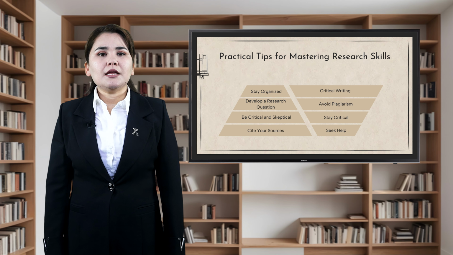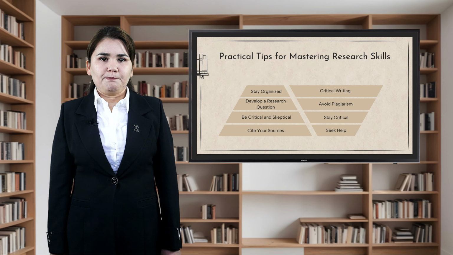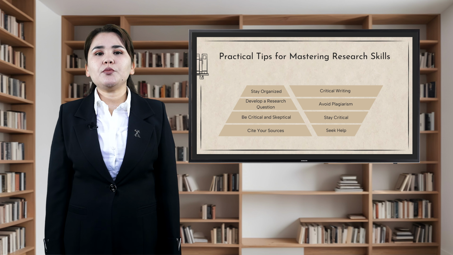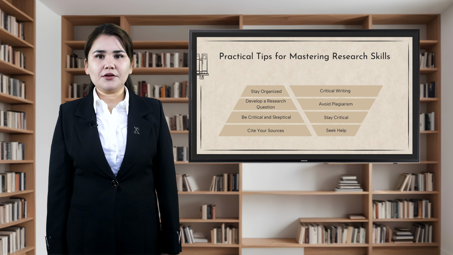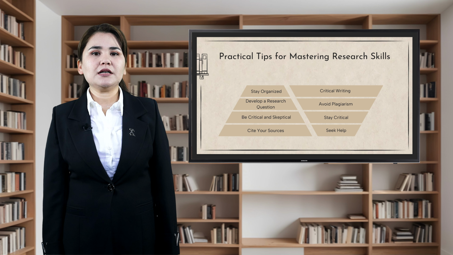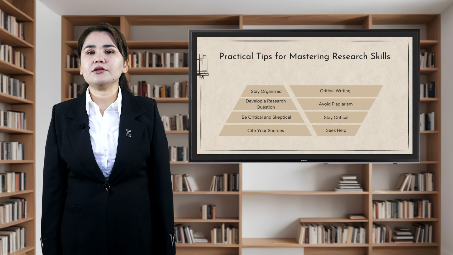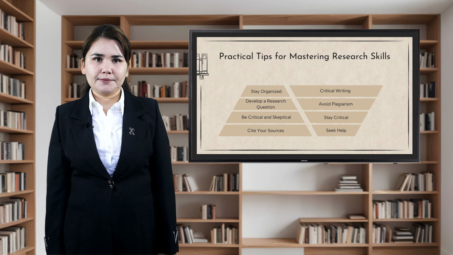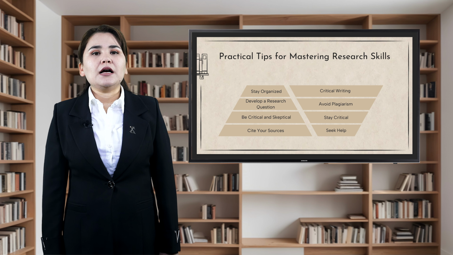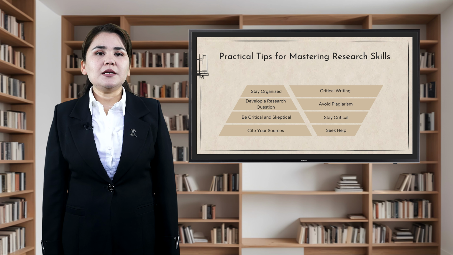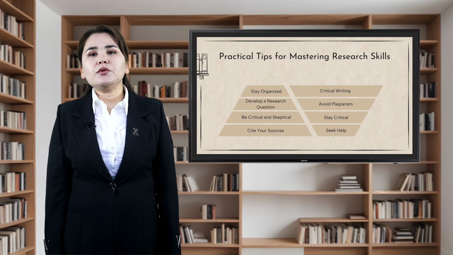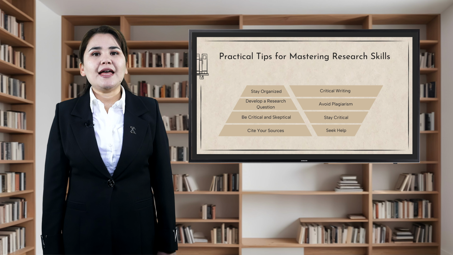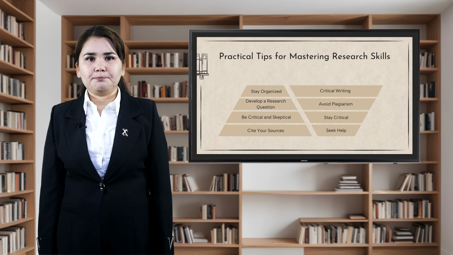The next talks about critical thinking. When synthesizing, it's important to present a balanced view, critically engaging with each source rather than simply repeating what they are saying. And the next tip is avoiding plagiarism. You should properly attribute all sources of information and ideas to avoid plagiarism.